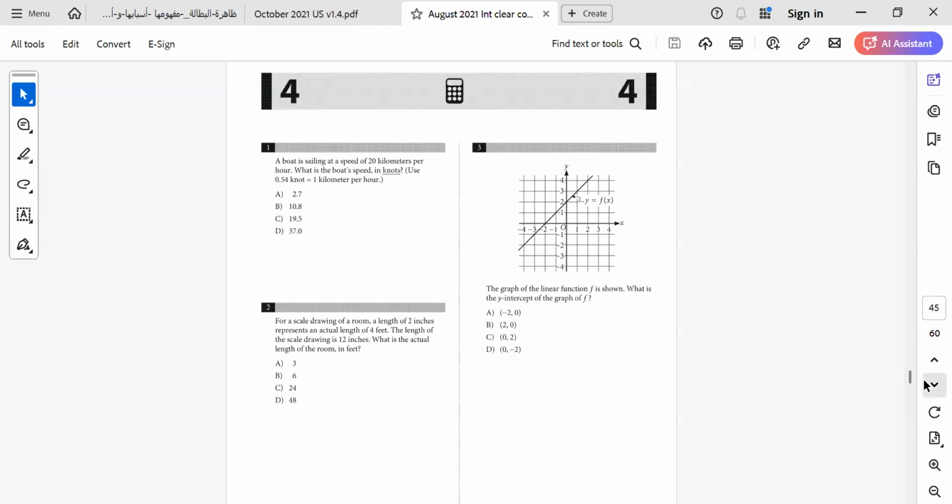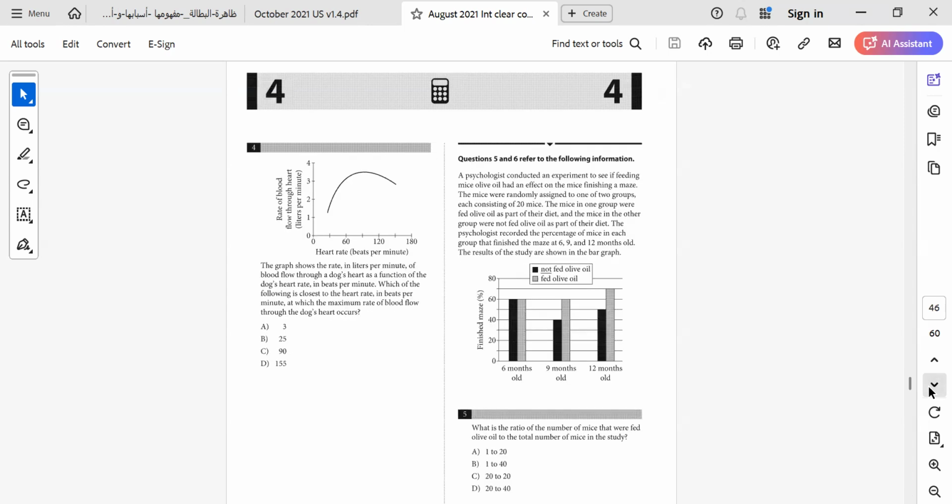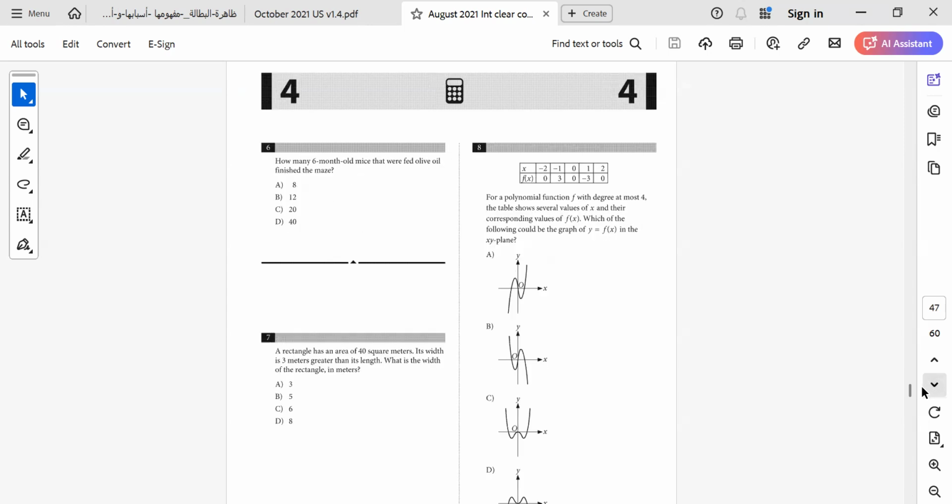Actually, I have section 4, first 5 questions. Section 4, first 10 questions. Mr., question number 6. Not 6, 8, I mean, sorry. Question number 8, not 6.